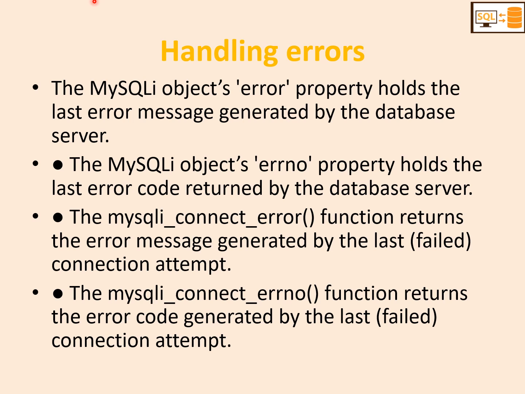Now we can see how we can handle errors. The MySQL object's error property holds the last error message generated by the database server. Then the MySQL object's errno property holds the last error code returned by the database server. Then the mysqli_connect_error function returns the error message generated by the last connection attempt.